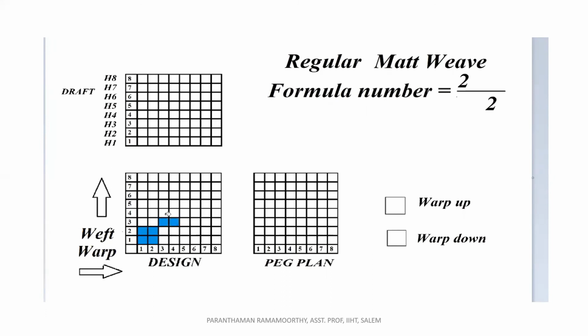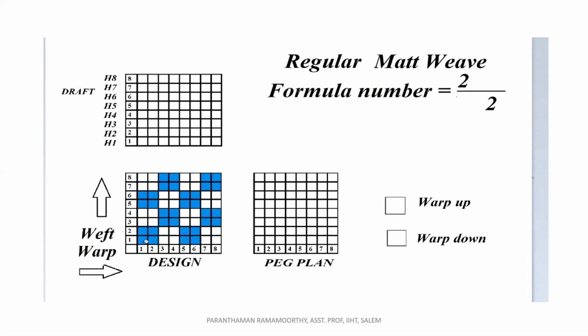The next third and fourth picks and ends are filled. So the four ends with the four picks is needed to produce a basic design of regular mat weave. So the design portion is completed.